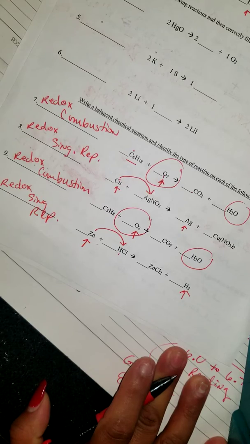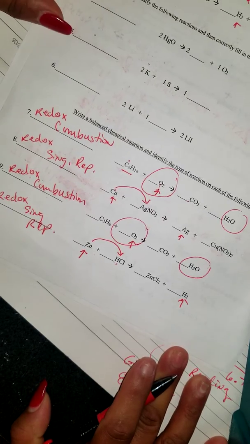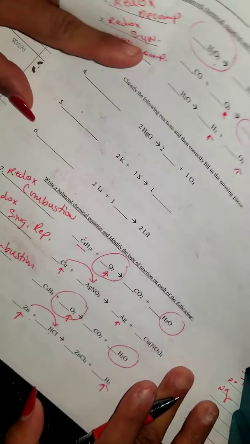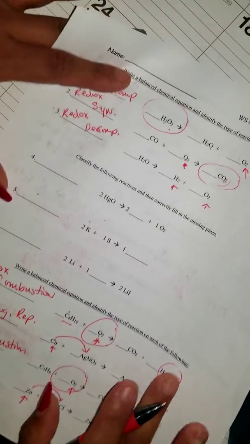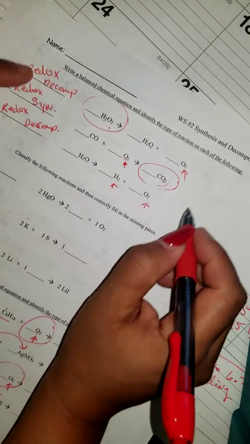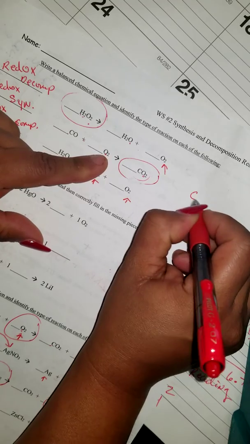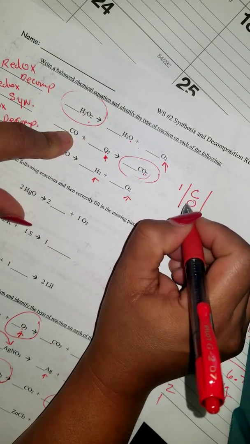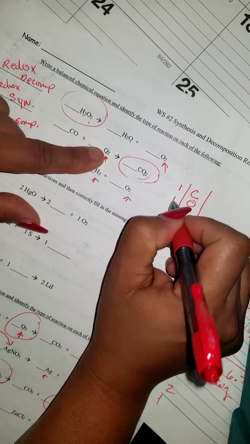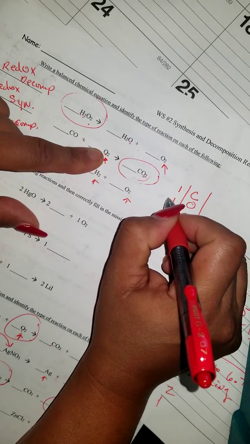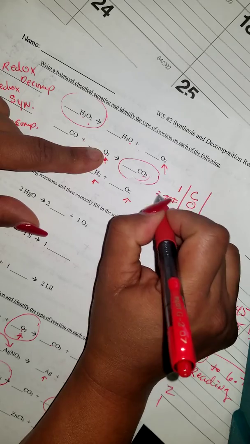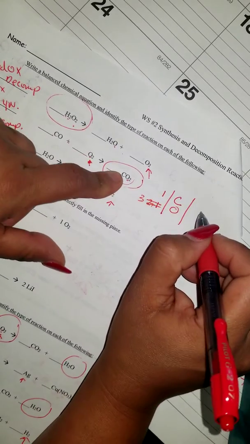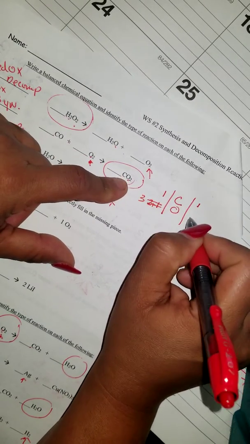Now, the next thing is to go back and balance this. Let's do this one. I have C's, I have O's. 1 times 1 is 1, 1 times 1 is 1, 1 times 2 is 2, so 2 plus 1 equals 3. Let's come over here. 1 times 1 is 1, 1 times 2 is 2.